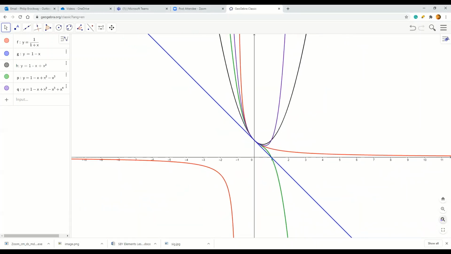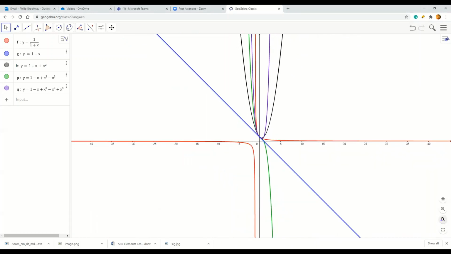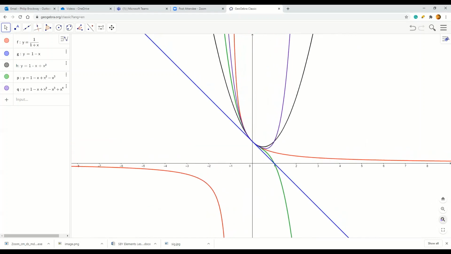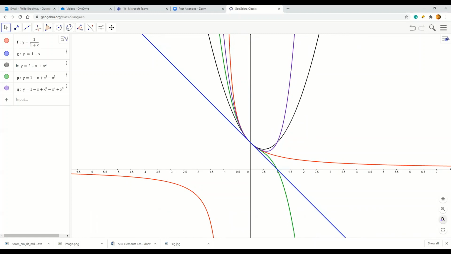If I zoom out, remember the original curve was the red curve, 1 over 1 plus x. Each time I add a term, the curves flip from one side to the other because of the odd and even powers of x. But generally speaking, the curves seem to be converging closer and closer to the red curve.